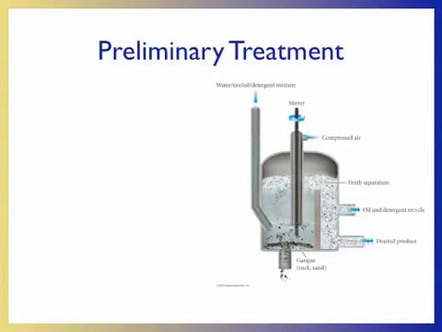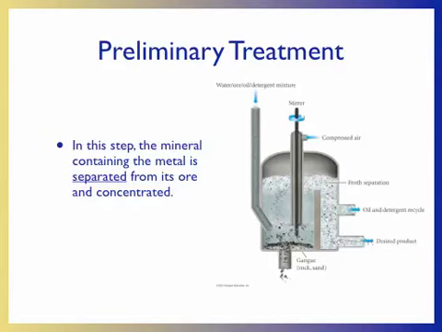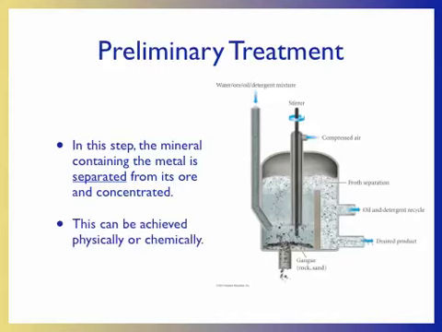The first step in metallurgy is for the ore to undergo preliminary treatment. In this step, the mineral containing the metal is separated from its ore and is usually concentrated. This can either be done physically or chemically. The apparatus on the right-hand side of your screen is an example of a physical process.